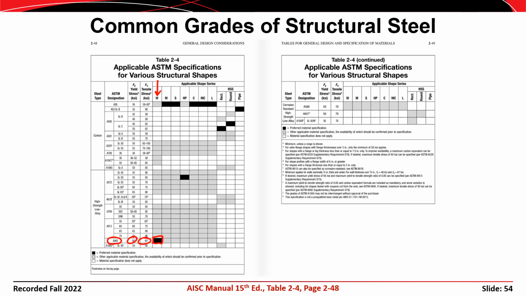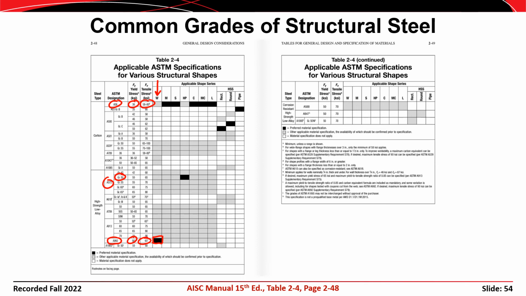But you could also get the W shape in A572 grade 50 material with the same yield stress and the same tensile strength. Or you could get a W shape in A36 material with F sub Y equal to 36 KSI and F sub U equal to 58 KSI.